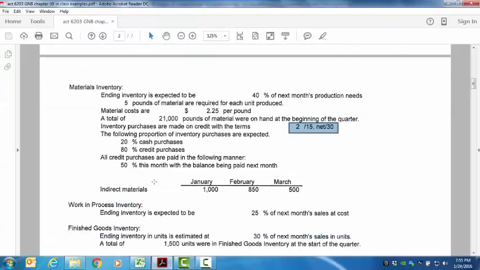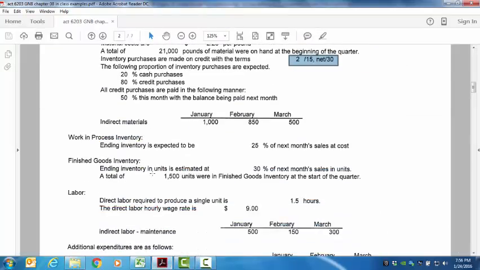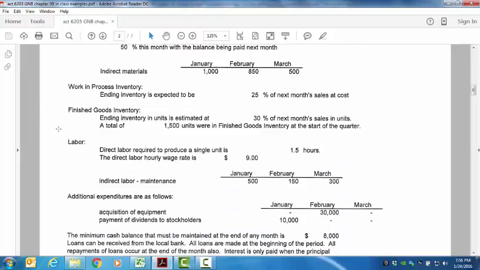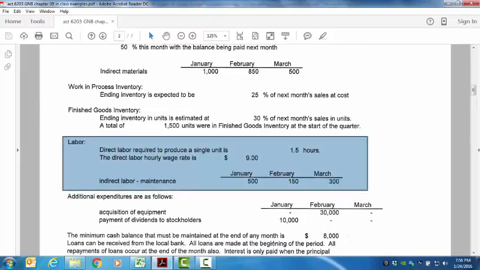The labor data is also on the data handout, and it's on the second page, and we know a couple things here. It says our direct labor is 1.5 hours to make a single unit, and I pay my employees $9 an hour.